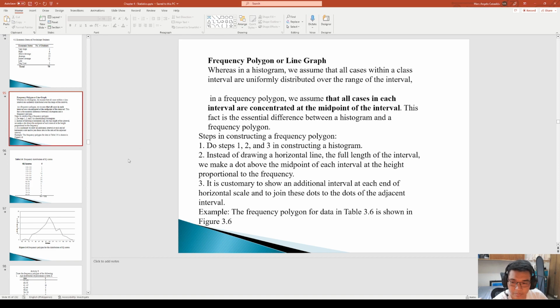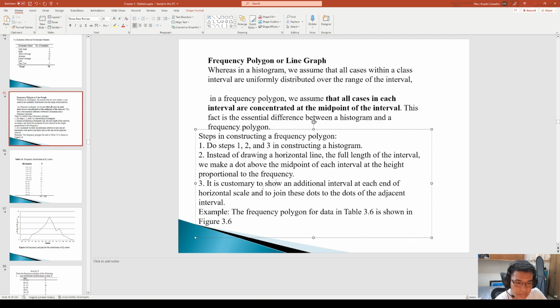it's the step of creating yung Cartesian plane. Okay, so you need to create the horizontal and vertical line. Then you need to select yung mga scales. Okay, then after that, instead of drawing a horizontal line for the full length of the interval, you need to create a dot above the midpoint of each interval.